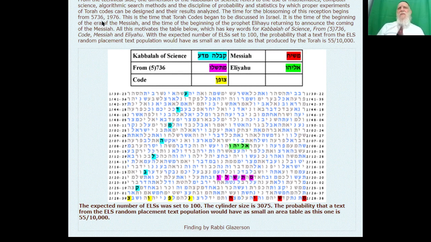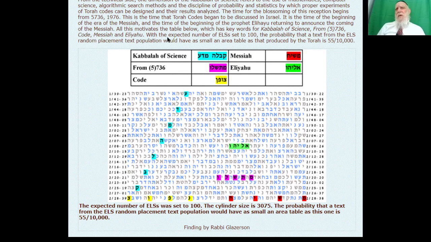From 5736, 1976, this is the time the Torah code began to be discussed in Israel. It is the time of the beginning of the era of the Messiah, and the time of the beginning of the prophet Elijah returning to announce the coming of the Messiah. And all this motivates the table below, which has keywords for Kabbalah of science from 5736, code, Messiah and Elijah.